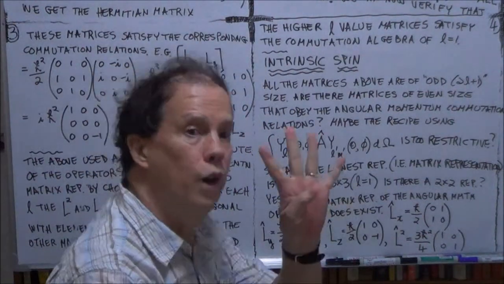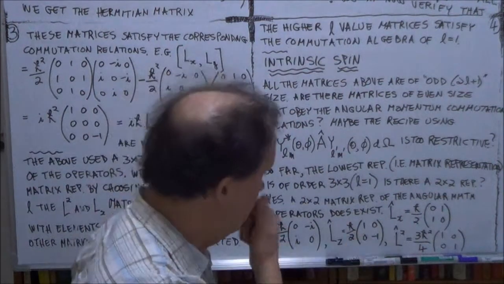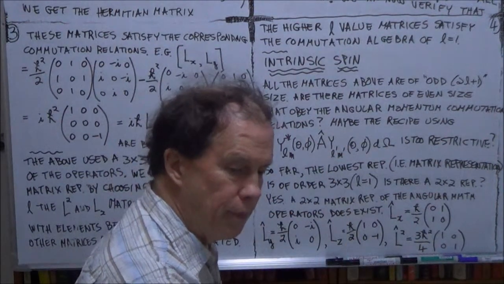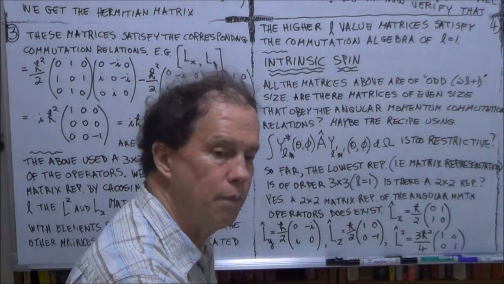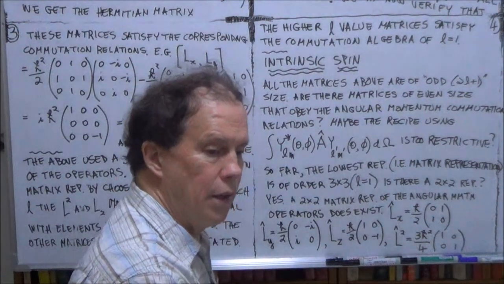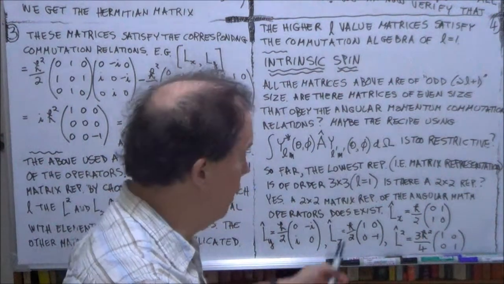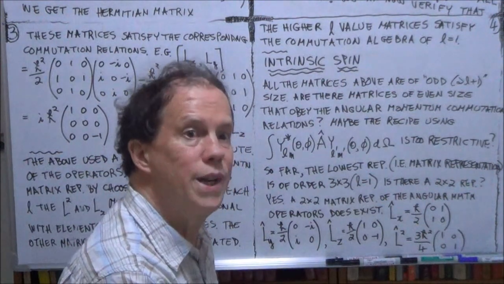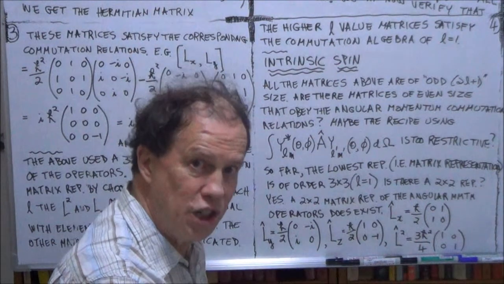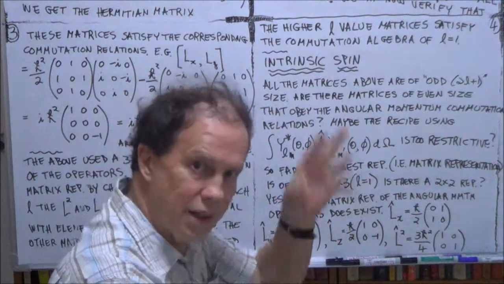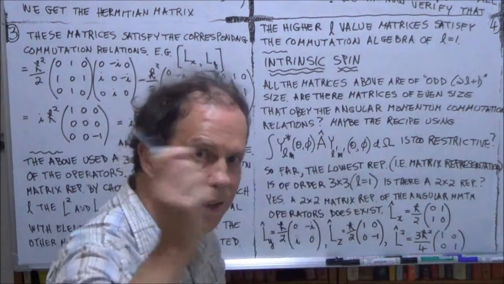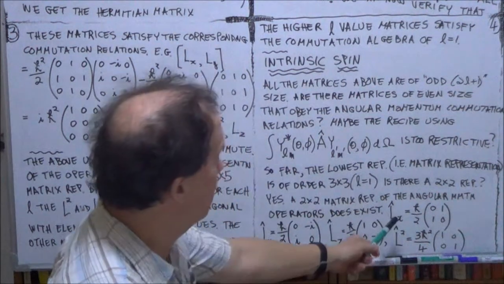Here are 4 2 by 2 matrices that do have the same algebra as the operators. They are the 2 by 2 matrix representation of the operators L squared, Lz, Lx, Ly. Okay, and here they are.